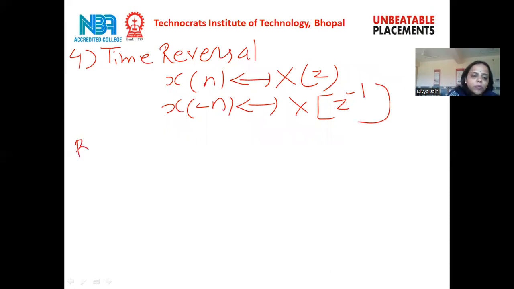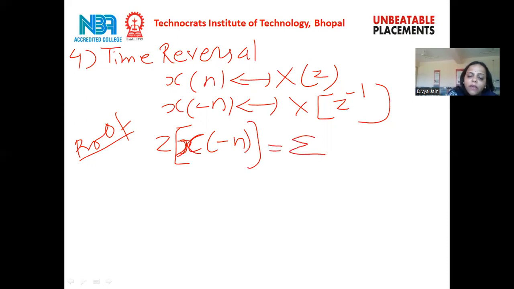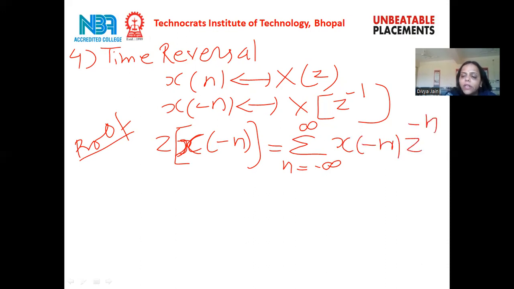So the proof of this property is the Z transform of x[minus n] is the summation n equals minus infinity to infinity of x[minus n] z to the power minus n.